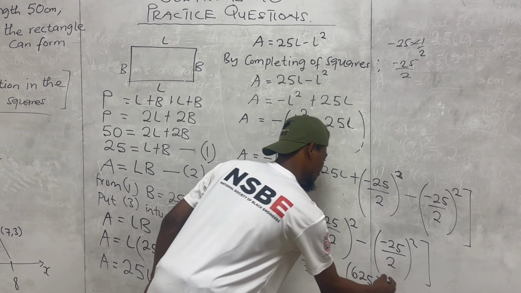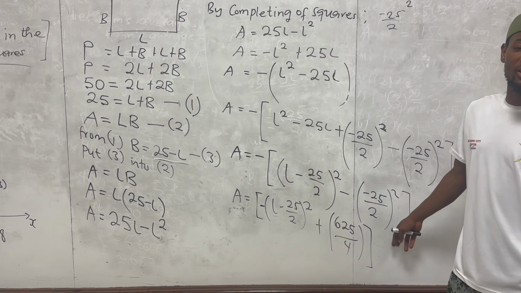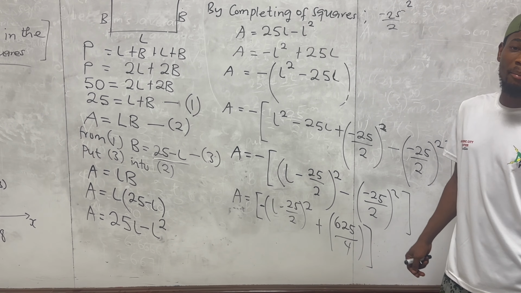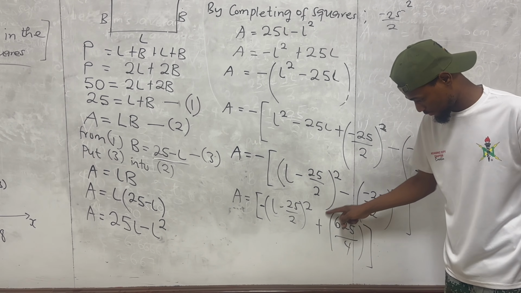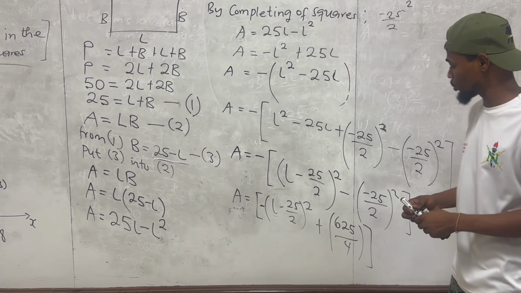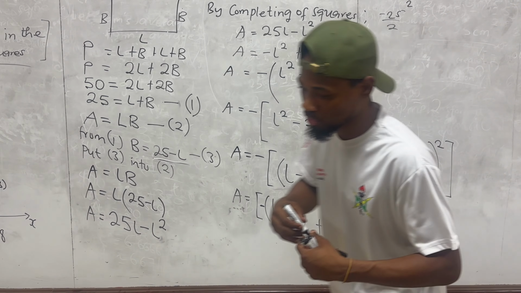Having done this, using the completion of squares to get the maximum, this will be our maximum area. So this represents our maximum value.